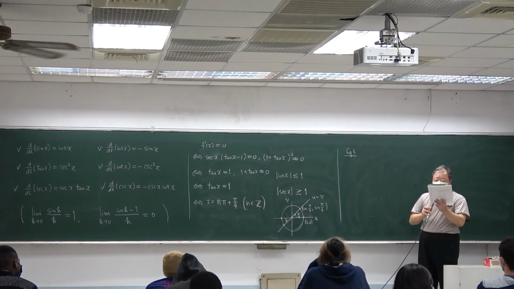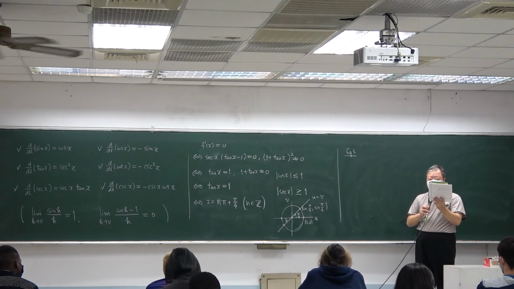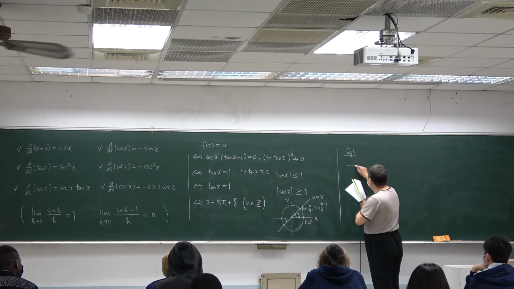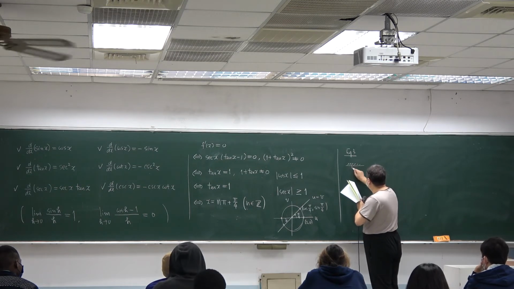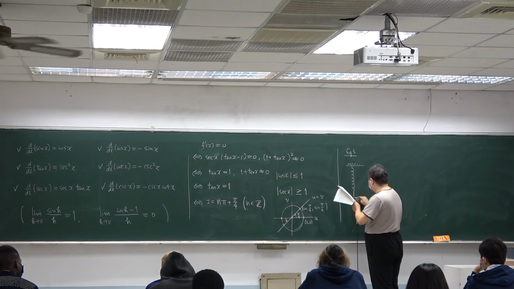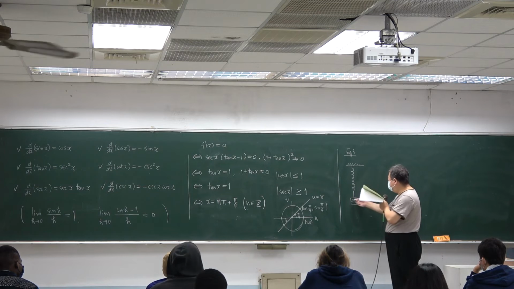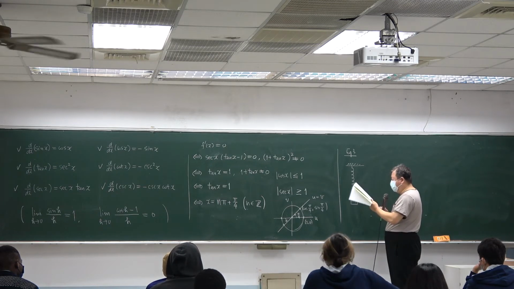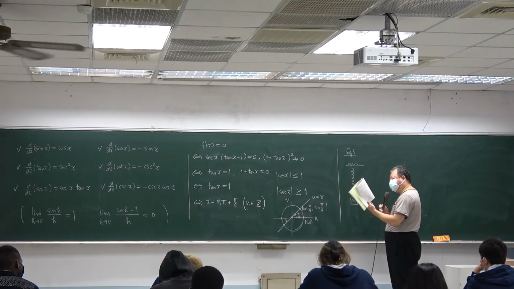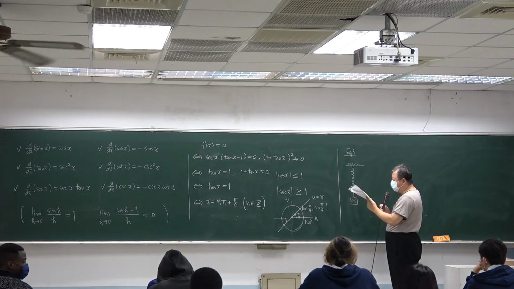An object fastened to the end of a vertical spring is stretched 4 centimeters beyond its rest position.